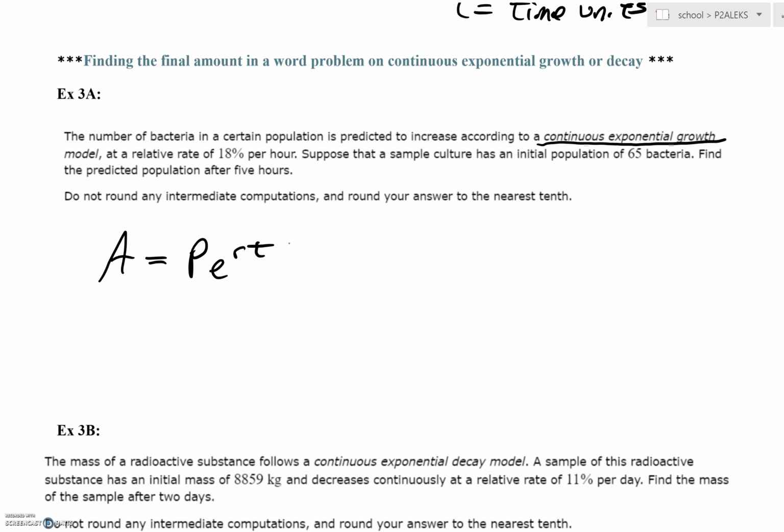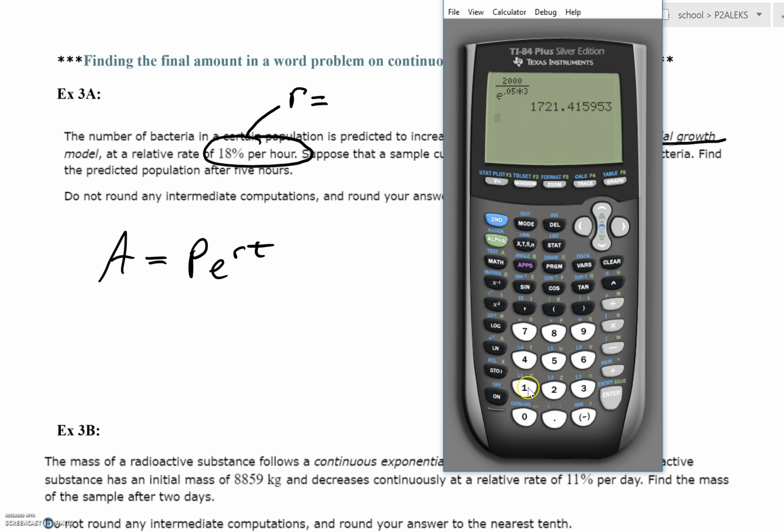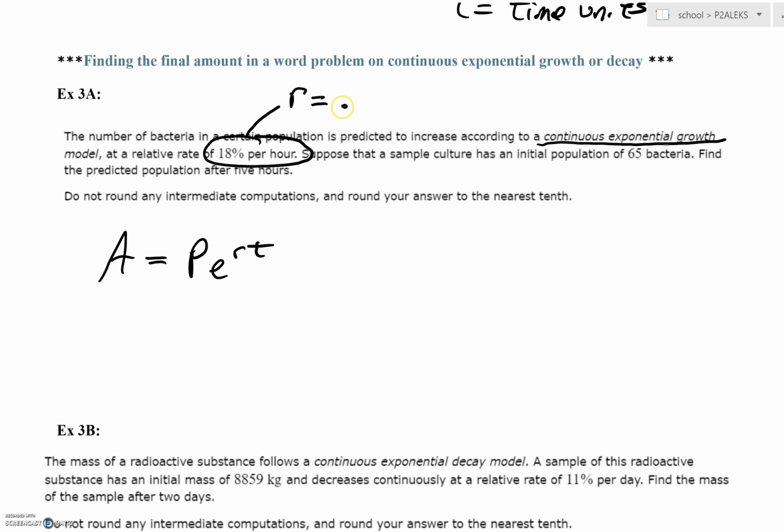So you could just go right back to the PERT formula, in all honesty. And we're told that you've got 18% per hour, but because this is growth, your R is positive. So our population is going up. Because of growth, that means keep it positive.